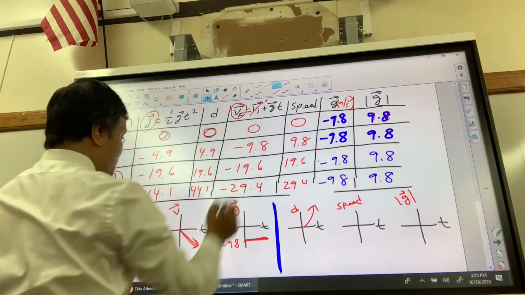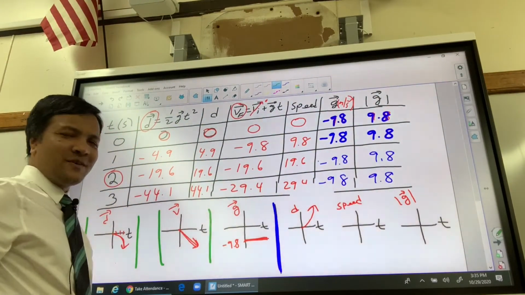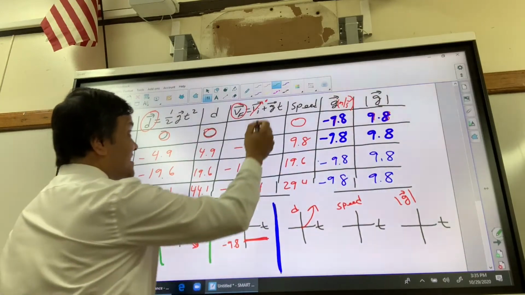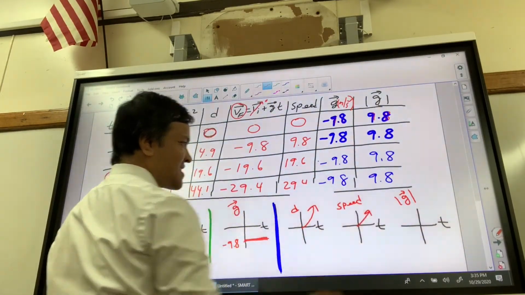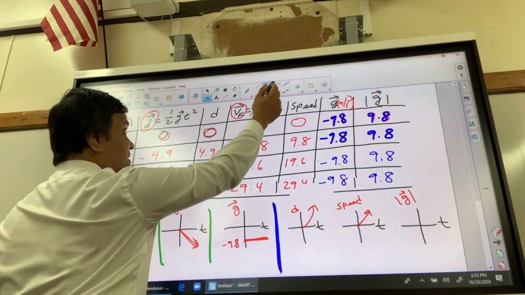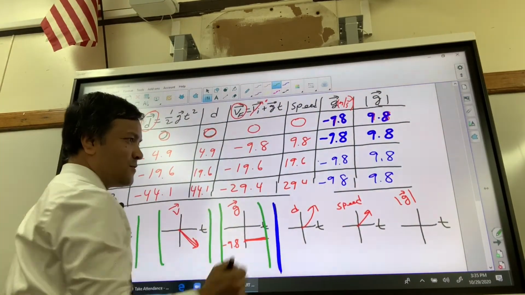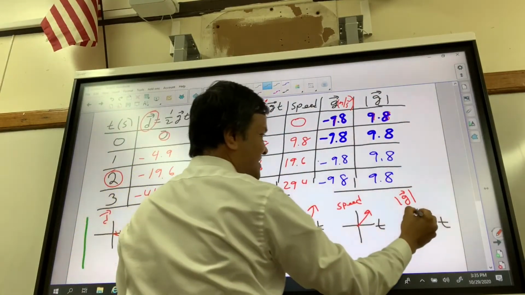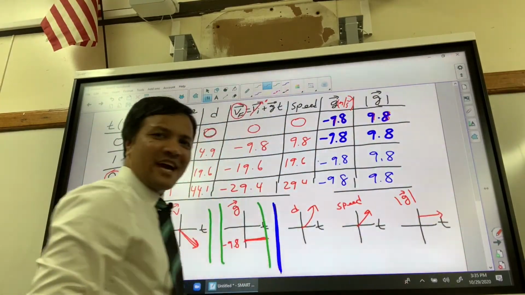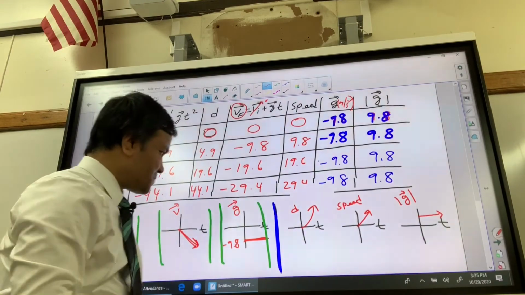If we take the absolute value of the velocity, we get the speed. If we take the absolute value of the acceleration, we get the magnitude of the acceleration due to gravity.